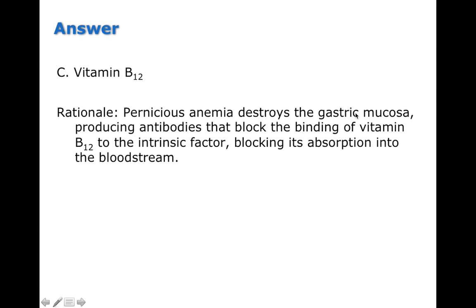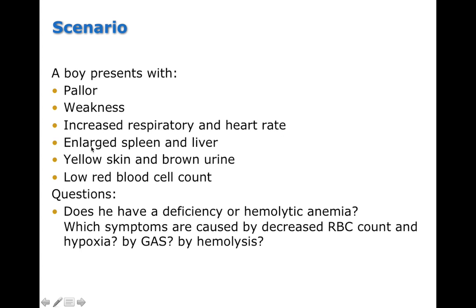But if you have a disease that affects the gastric mucosa, like inflammatory bowel disease, or chronic irritation like alcoholism, it can lead to vitamin B12 deficiency, which can lead to anemia because you block your body's ability to absorb that vitamin B12.